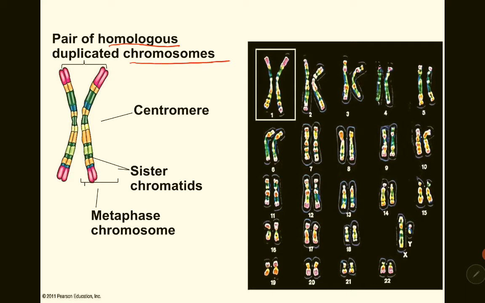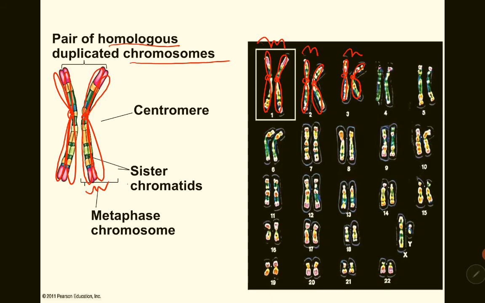Homologous chromosome, just now I mentioned that both the size, shape and the staining pattern are the same, so that's why it is considered a pair of homologous chromosome. You can see that number 1, number 2 and number 3 are different. This is a pair of homolog, this is a pair of homolog, this is a pair of homolog. When these homologous chromosomes become duplicated during the DNA replication process, this is the sister chromatid.